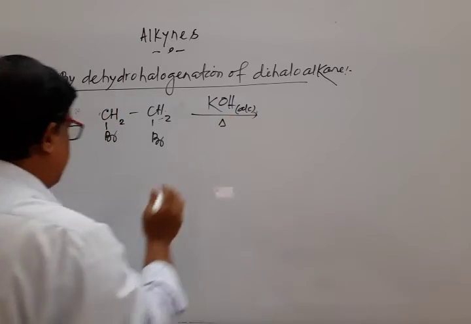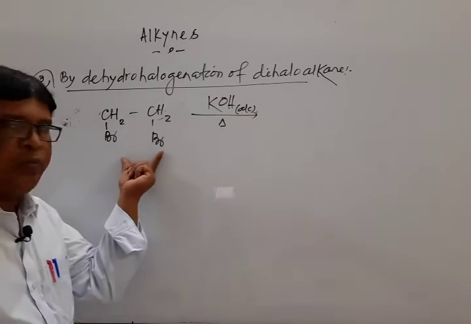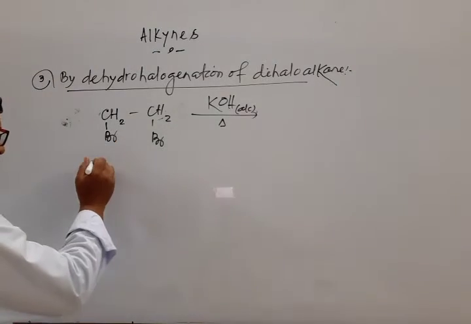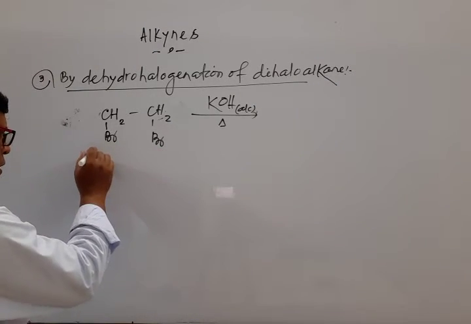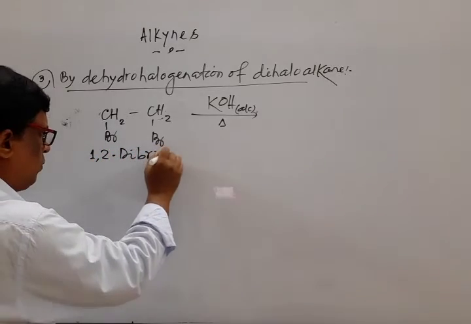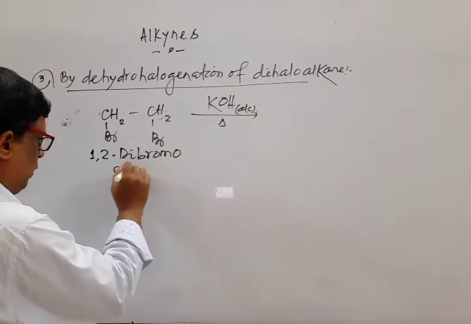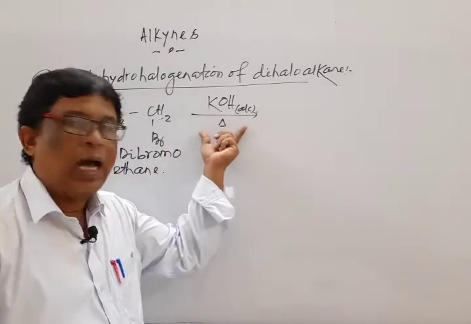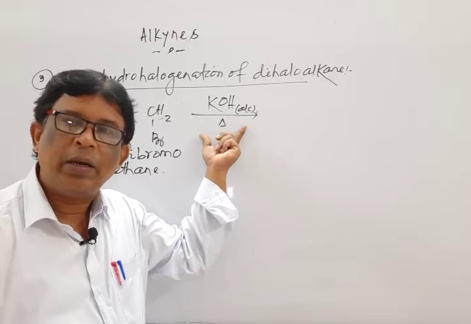When heated, mark that, two halogen atoms are there, so it is known as a dihaloalkane. Its name is ethylene dibromide or 1,2-dibromoethane. Mark that. When heated with alcoholic potash, what happened?